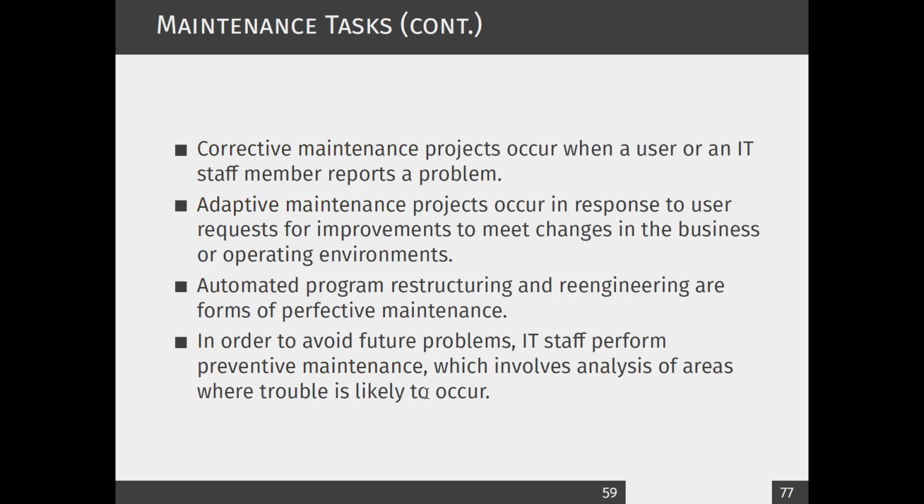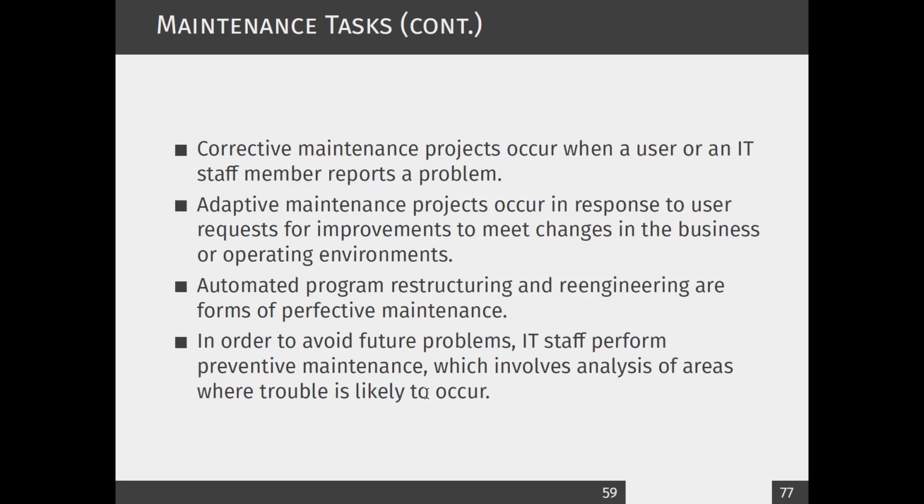In a corrective maintenance project, usually a user or IT staff member reports a problem. Adaptive maintenance projects are usually used to respond to user requirements and to meet changes in the business or operating environments.